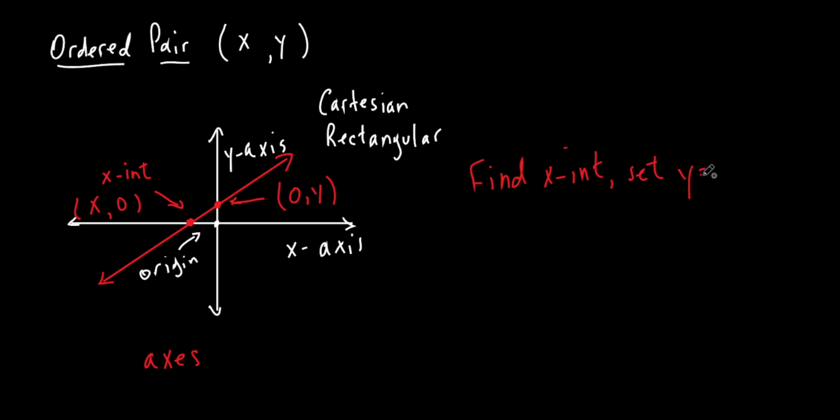The y equal to 0. Once I set the y equal to 0, then I can find the x-intercept. Same thing with this. If I want to find the y-intercept, what am I going to do? I'm going to set the x equal to 0. Okay? So that's super important.